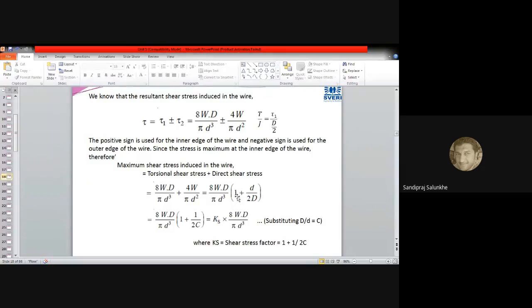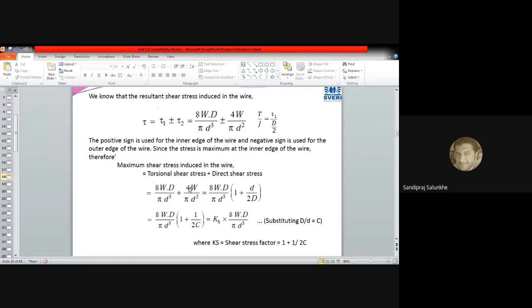So the remaining value will be 1 plus... Now this maximum shear stress is the total torsional stress plus direct shear stress, and this 8w capital D divided by pi d cube we are going to take common.